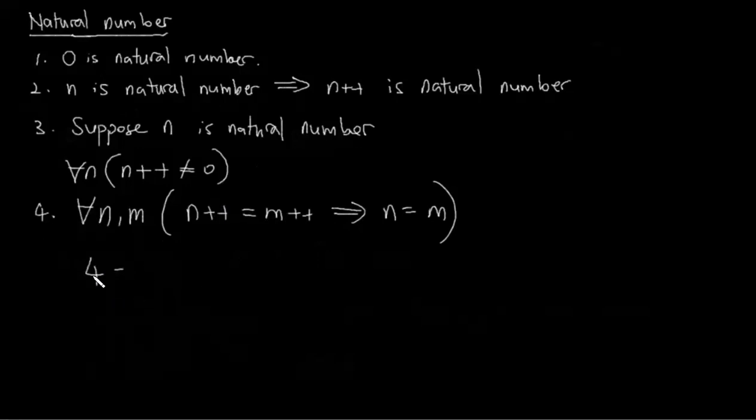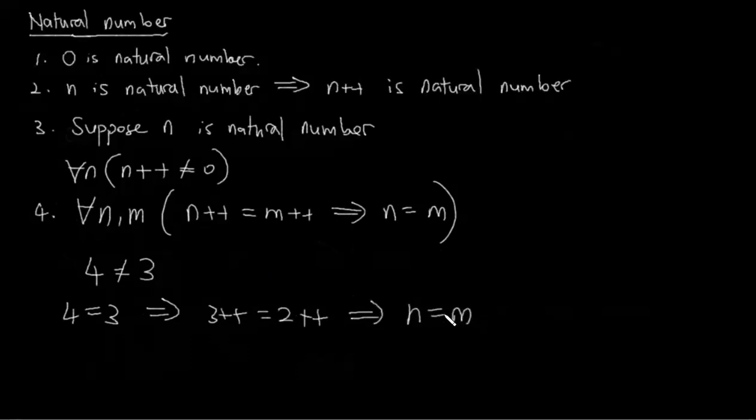Here's how. Suppose you wanted to prove 4 is not equal to 3. By assuming 4 equals 3, we arrive at the conclusion that 3++ equals 2++, and then according to the fourth axiom of natural numbers, we know that this implies n equals m. This implies 3 equals 2, according to the fourth axiom. And then we can keep using the fourth axiom in the same procedure.